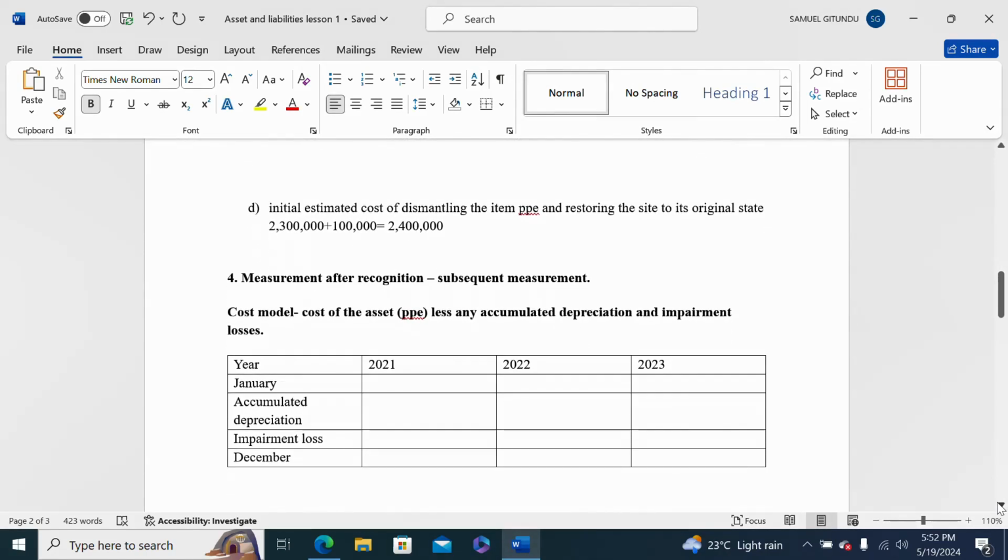For example, let us say this machinery we bought in January 2021.